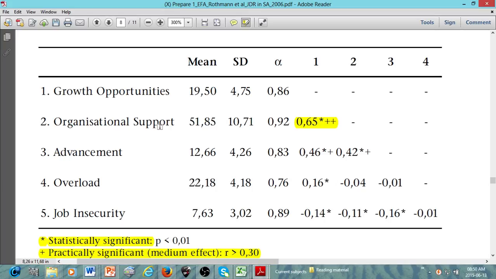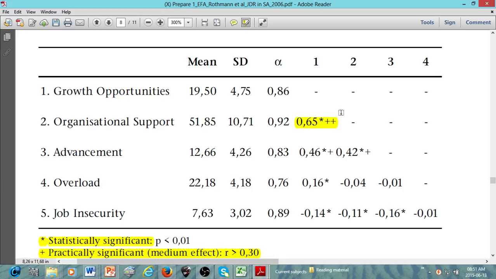Oh, sorry, my English is bad this morning. But okay, let me get back to the beginning. I beg your pardon. So in terms of the practical significance of the correlation between organizational support and growth opportunities, they're suggesting that the correlation they found is so strong that if you manipulate either of the variables, it should lead to a practical change of behavior in the other.